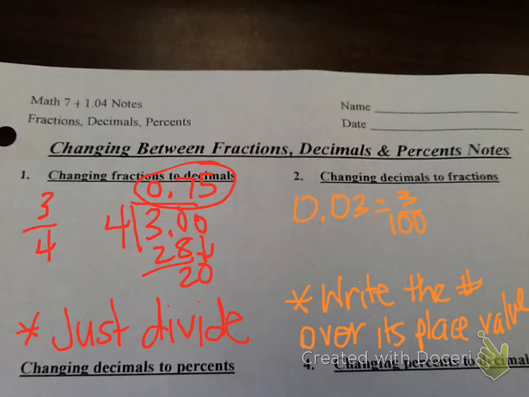It's in the hundredths place, so I put it over 100. I have 2.816. I have 2 wholes, and I'm going to keep those. Then I have 816 thousandths, so I have 816 over 1,000 on that one.